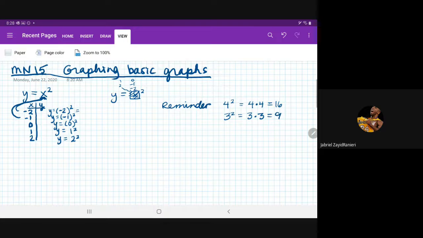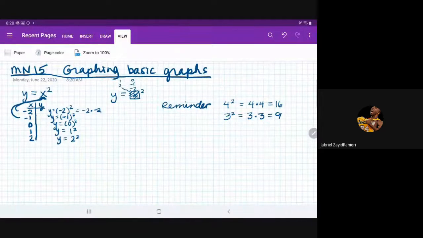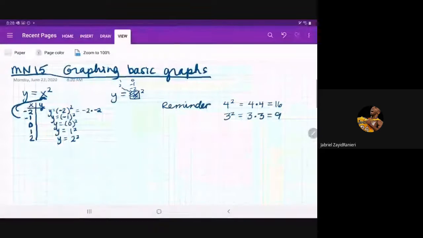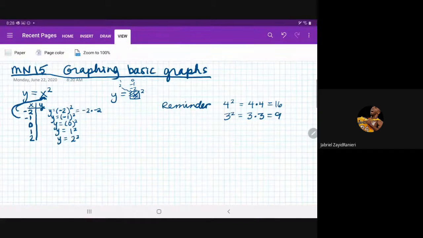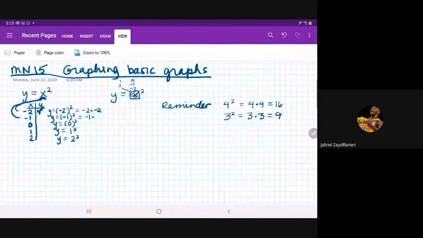Okay, so -2 to the second power means -2 times -2. Franz, can you tell me what -2 times -2 is? Perfect. Okay, so +4, so that's going to be right here. You can put the positive or you could just put the 4. This one is -1 times -1, which is +1. 0 times 0.